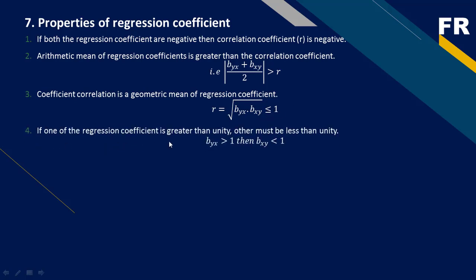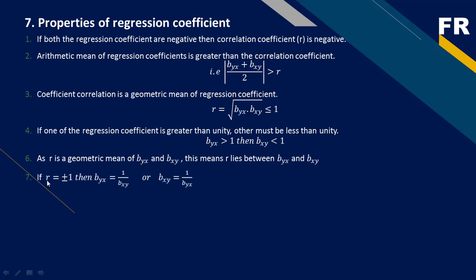If one of the regression coefficients is greater than unity, the other is less than unity. As r is the geometric mean of byx and bxy, that means r lies between byx and bxy. If r is equal to plus or minus 1, then byx is equal to 1 by bxy and vice versa.